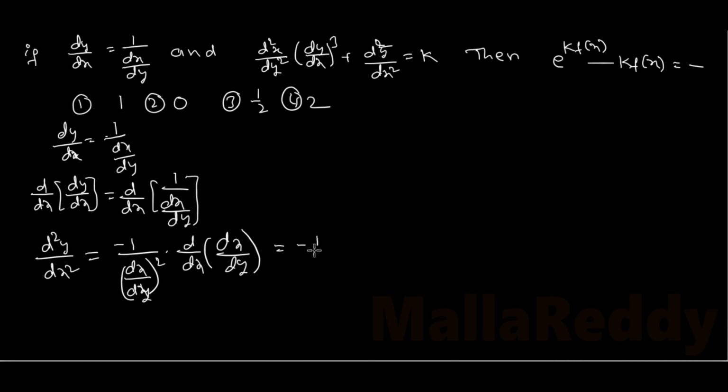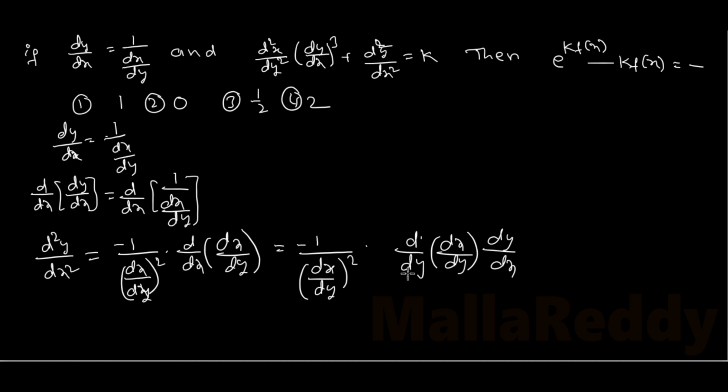This is written as d by dy of (dx by dy) into dy by dx. So d by dy of (dx by dy) is d square x by dy square. So that is equal to minus 1 by (dx by dy) whole square into d square x by dy square into dy by dx.